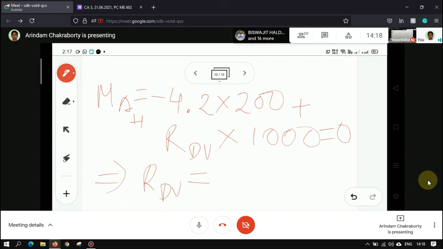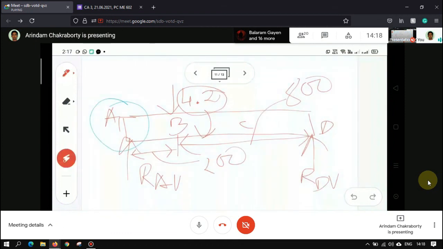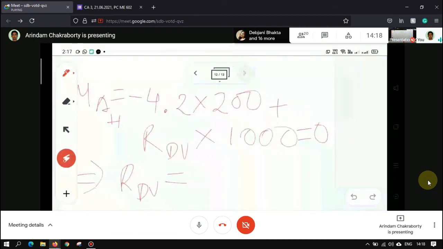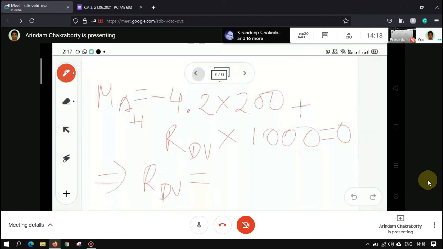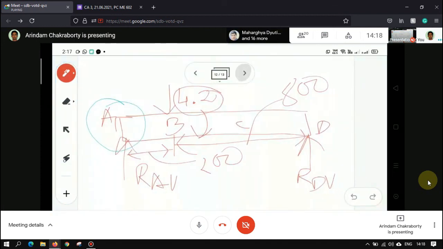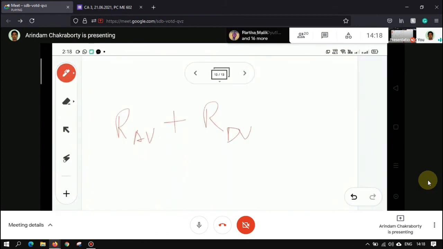Next step, since this entire system is in equilibrium, I can write one formula. The formula is RAB plus RDB is equal to 4.2.